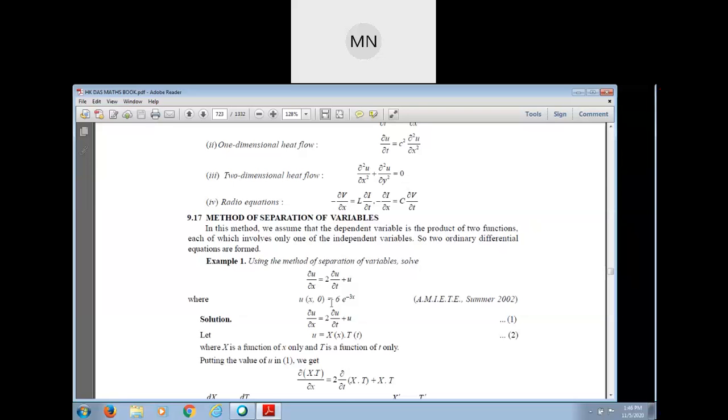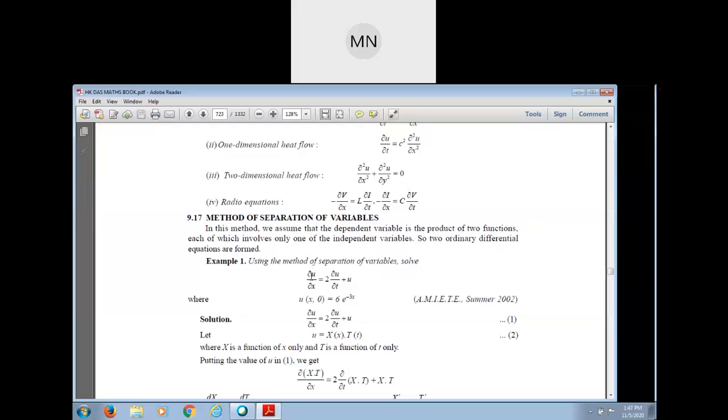T. Yeah, T. 2, ma'am. 2 is the coefficient. U, I already said that U is the dependent variable. Ma'am, T. Not only T, X and T. Oh, okay. See this one, see the equation.